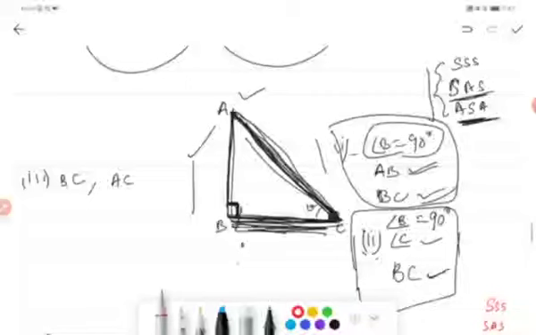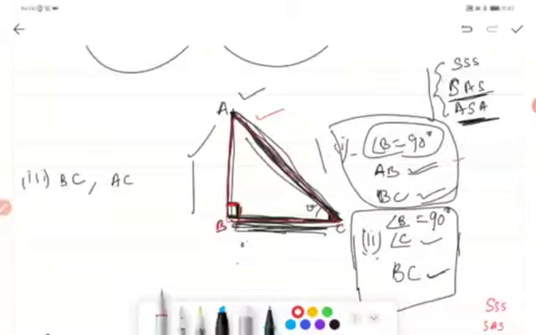Okay, so in the last video we had seen how this right angle triangle, you can make a congruent triangle of this by two rules, right? One angle is just known: angle B is 90 degrees.